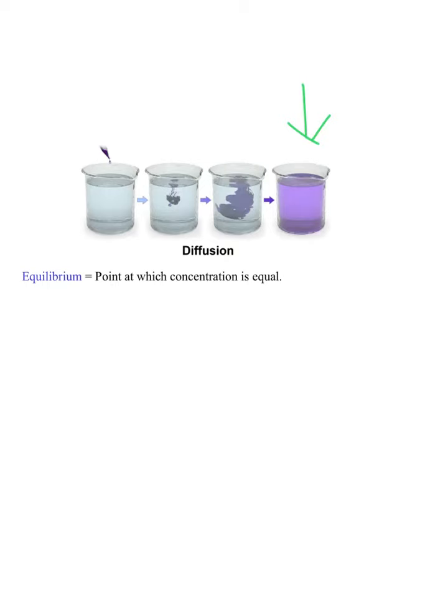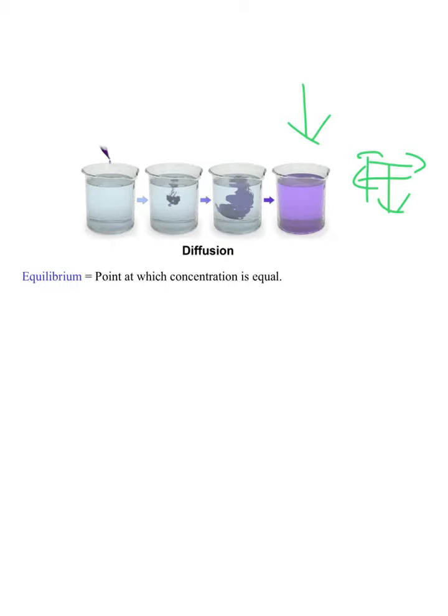They're still moving. It's just, since it's random, just as many of the molecules are moving in this direction as in this direction. And probably just as many molecules are moving in this direction as in that direction. So the net effect is that it all stays more or less spread out.